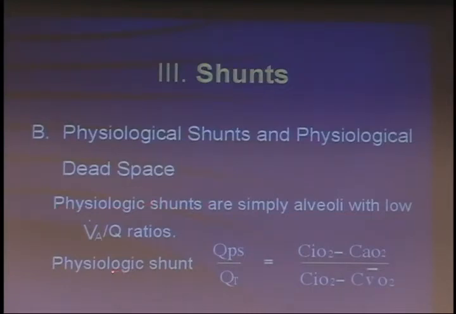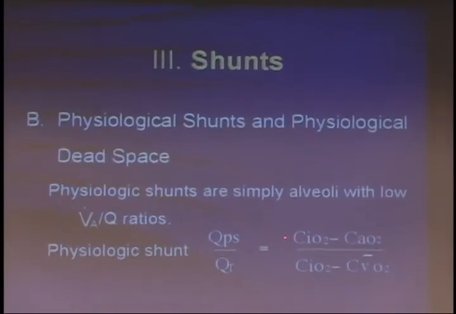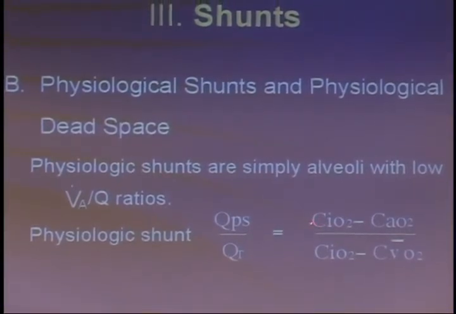And as I mentioned earlier, it's possible to quantitate the physiologic shunts by just making some measurements on blood samples, and it's usually done by expressing the ratio of the shunt flow to total blood flow or cardiac output. And I've got some figures you might want to jot down and just try out. If this CiO2 stands for the concentration of oxygen in an ideal pulmonary capillary, you can put 20 in there.